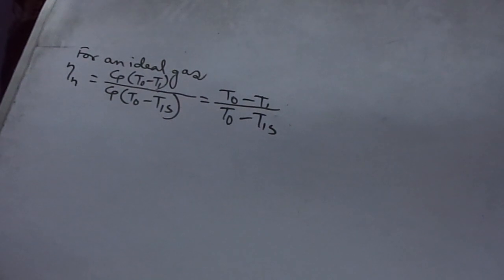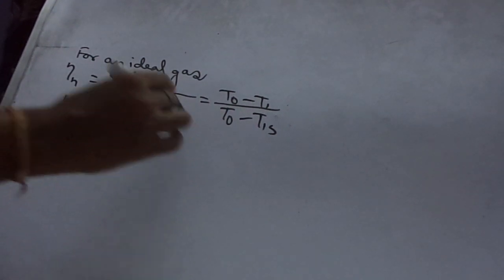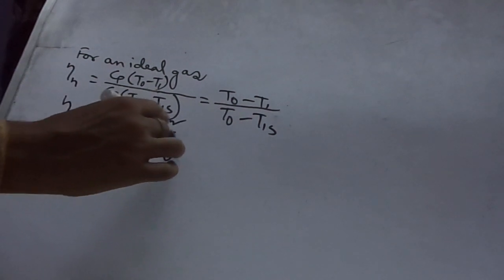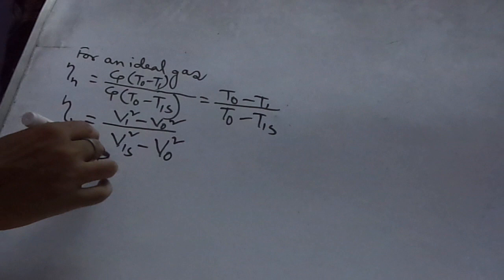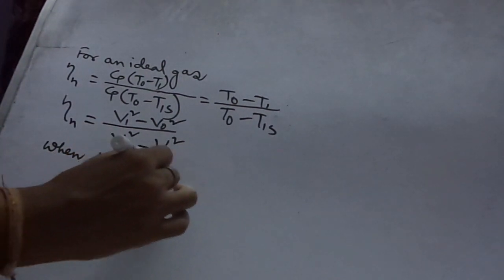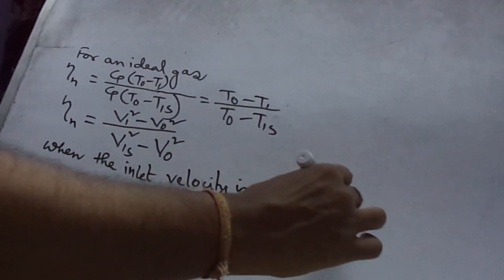If the actual velocity at exit from the nozzle is V1 and the velocity at exit when the flow is isentropic is V1s, then eta nozzle equals (V1 squared minus V0 squared) divided by (V1s squared minus V0 squared).